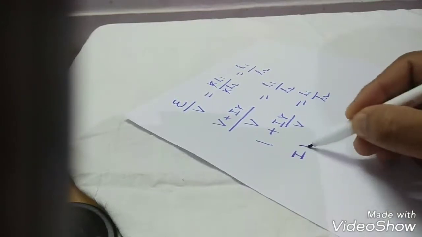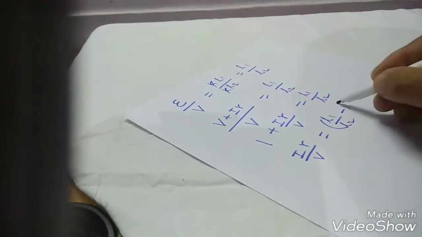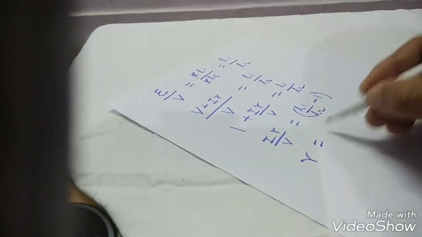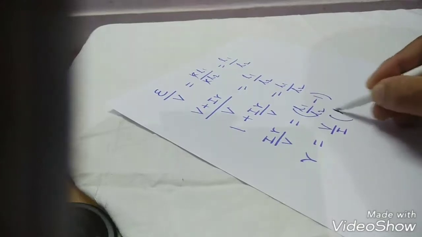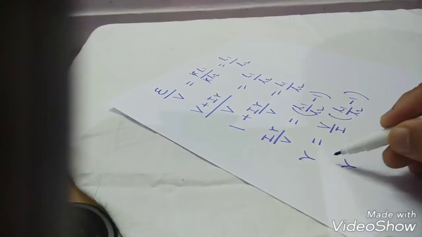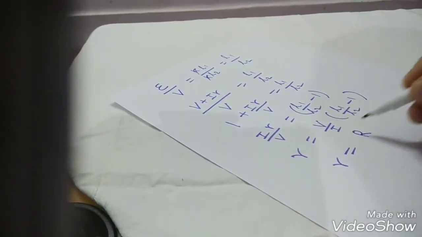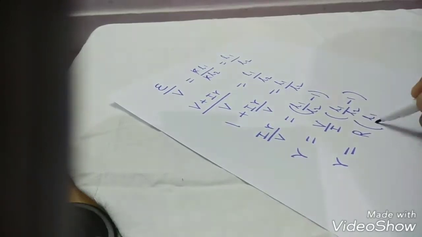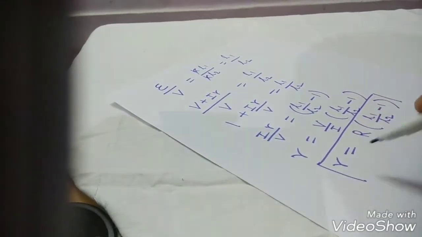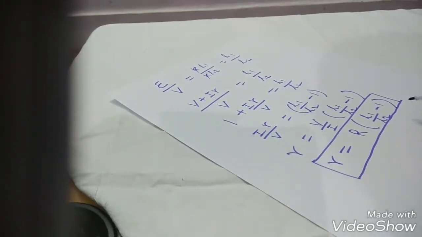IR by V is equal to L1 by L2 minus 1, or R is equal to V by I times L1 by L2 minus 1. This is internal resistance offered by the cell, equal to R, the resistance introduced in the resistance box, times L1 by L2 minus 1. This is another application of potentiometer, which is used to measure internal resistance of the cell.